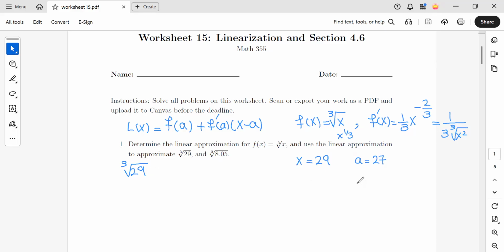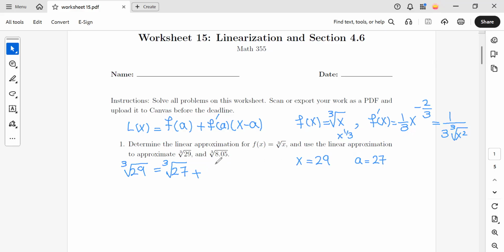Now, we're going to find f of a. We know that f of x is cube root of x, so f of a would be cube root of 27 plus f prime at a.